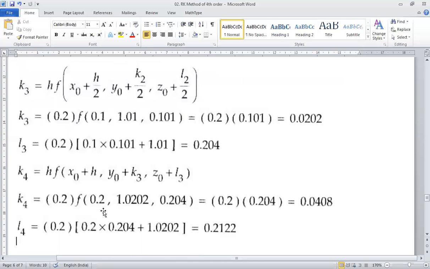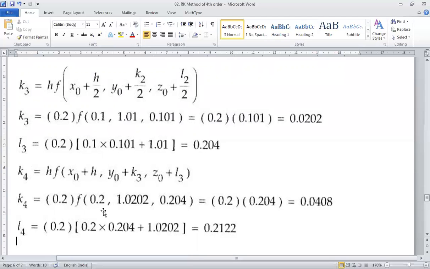Next we have K3. The formula for K3 is h times f of x naught plus h by 2, y naught plus K2 by 2, z naught plus L2 by 2. Substituting the values of x naught, h, y naught, K2 and L2, we get K3 as 0.0202.